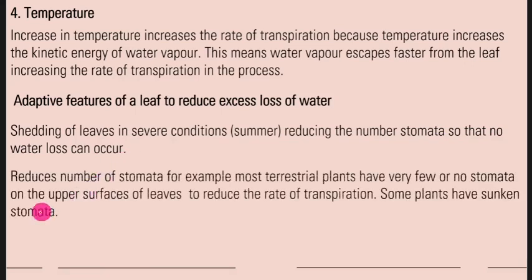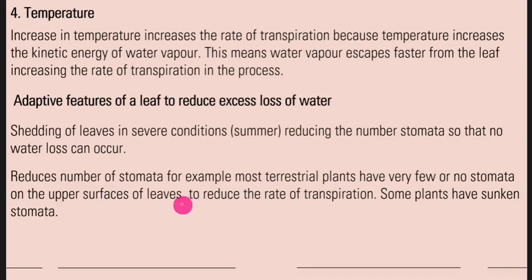Then another way is reducing the number of stomata. For example, most terrestrial plants have very few or no stomata on the upper surfaces of leaves to reduce the rate of transpiration. Some plants have sunken stomata. The point being made here is that some plants have a reduced number of stomata.